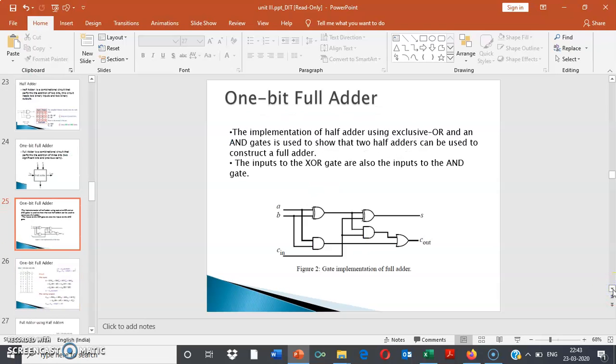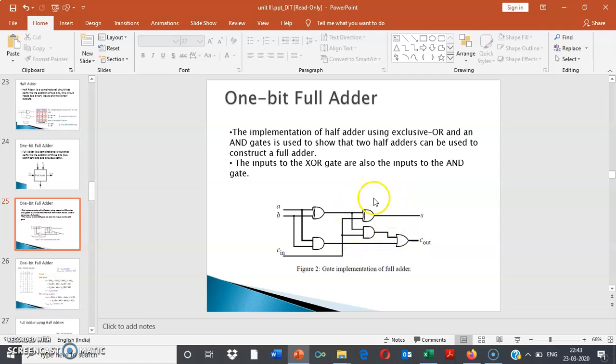Now how do we implement this? We'll check the implementation with the help of a truth table, but please have a look at this circuit diagram. If you see, this is the combination of two half adders. Like we know that one half adder has one XOR gate and one AND gate.